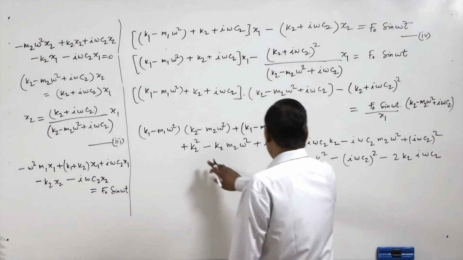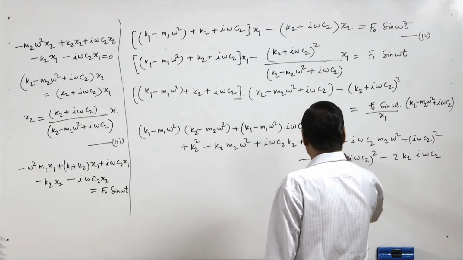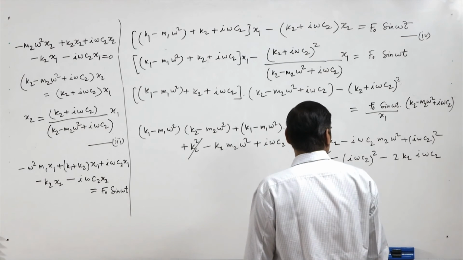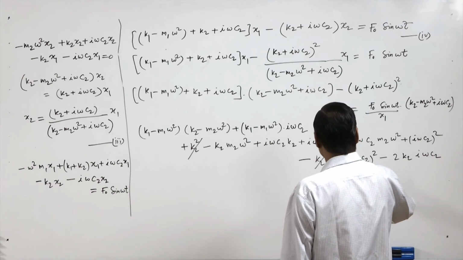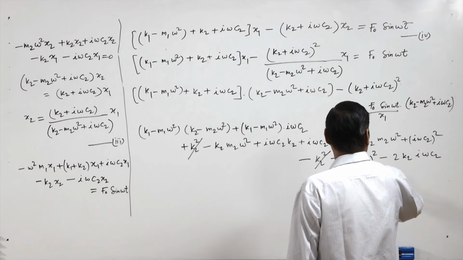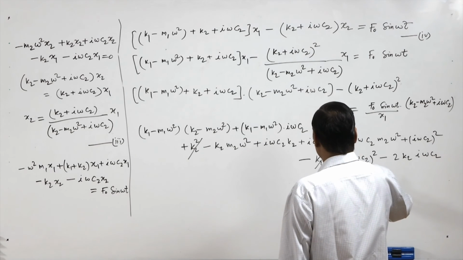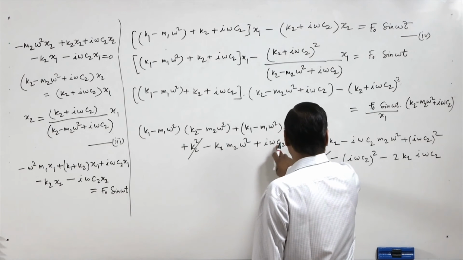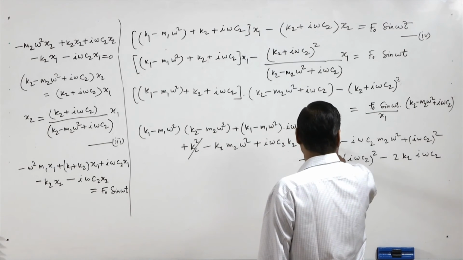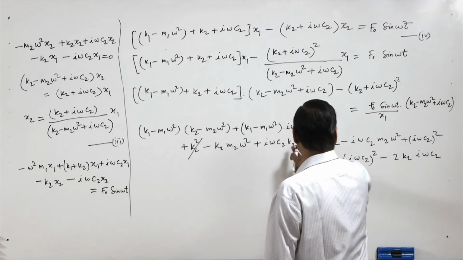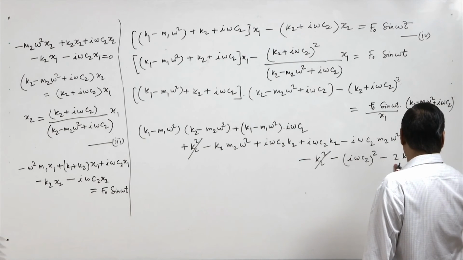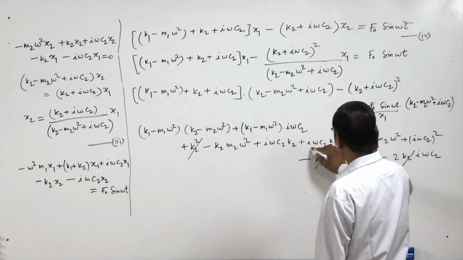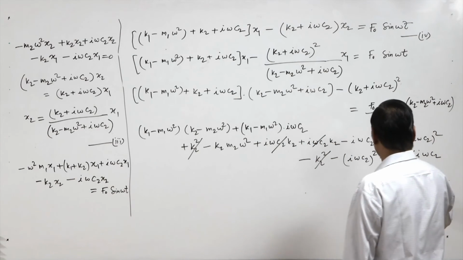Now we can see k2 square here plus and here minus, they will cancel out. Here i omega c2 k2 and i omega c2 k2, they are 2 i omega c2 k2, and here it is 2 i omega c2 k2 in minus, so these two terms will cancel out with this term.